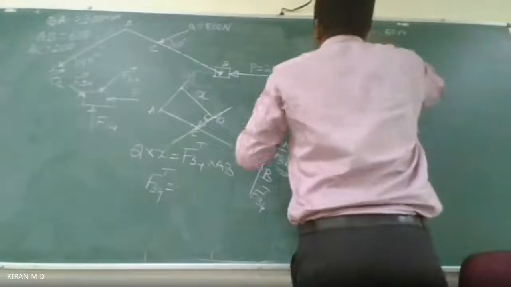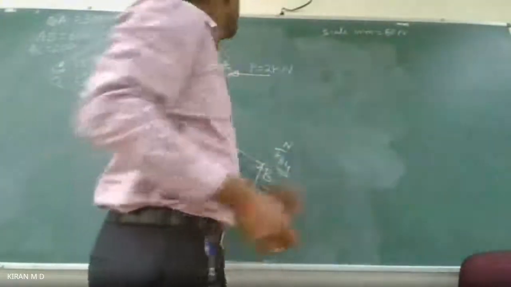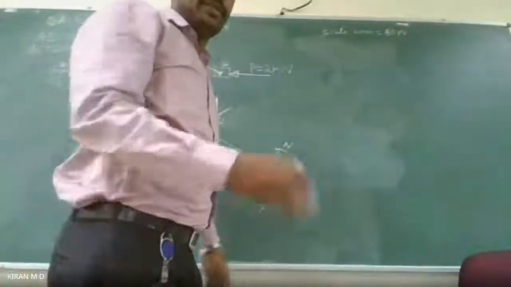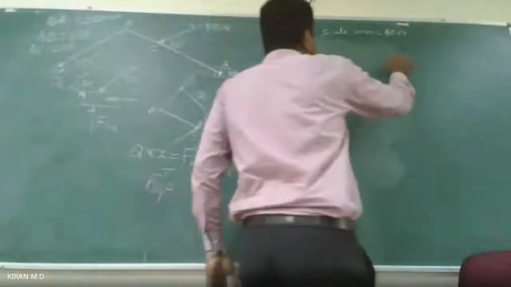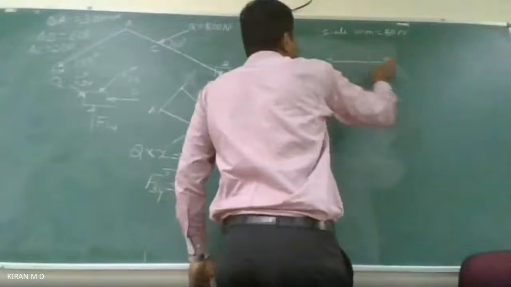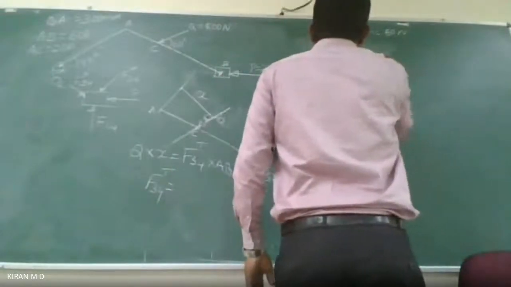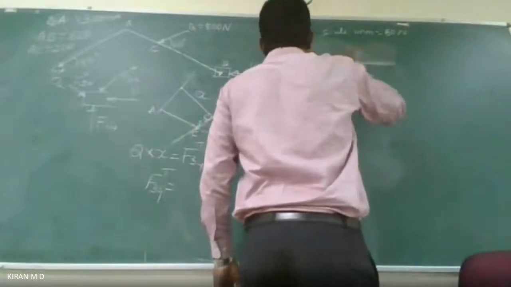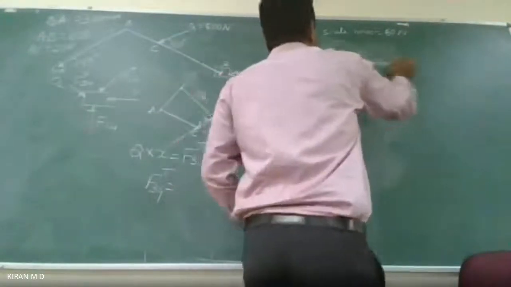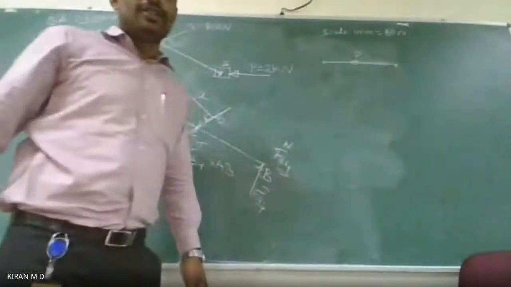So 2000 Newton will become 40 mm, and 800 Newton will become 16 mm. Whatever suitable scale you can assume. We know the direction of P. This is P. According to the scale, you take 2 kilonewton, 2000 Newton, you are done.